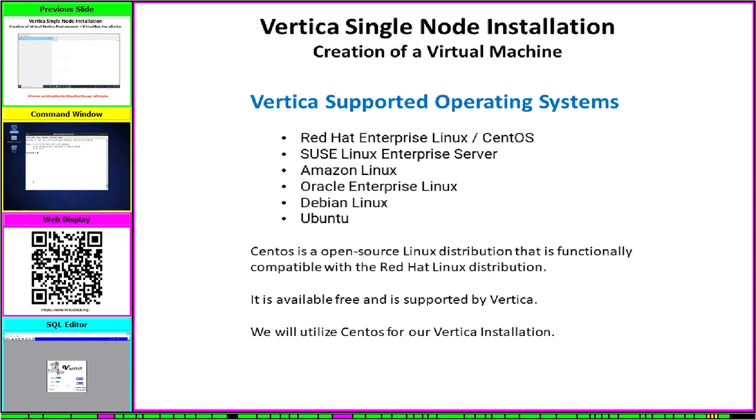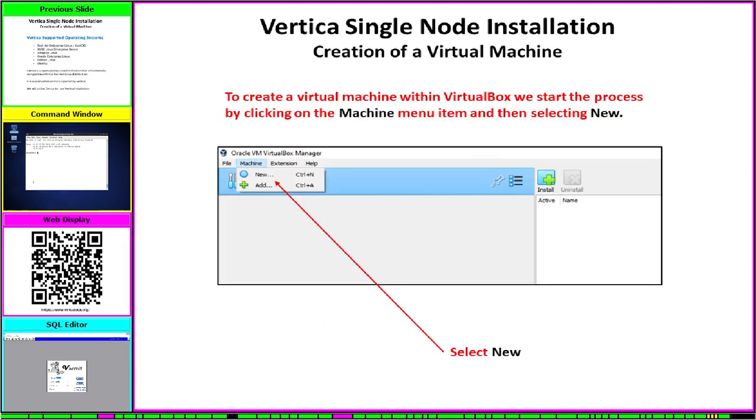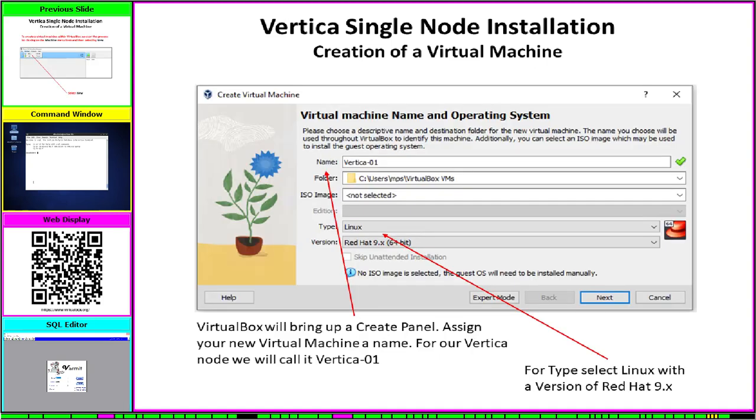Using the VirtualBox Manager application, we can click on the machine bar menu and then select New. This will start the creation wizard to help us define a new virtual machine. The first step will be a Create panel where we minimally need to give our virtual machine a name and select what type of operating system we are going to be running.